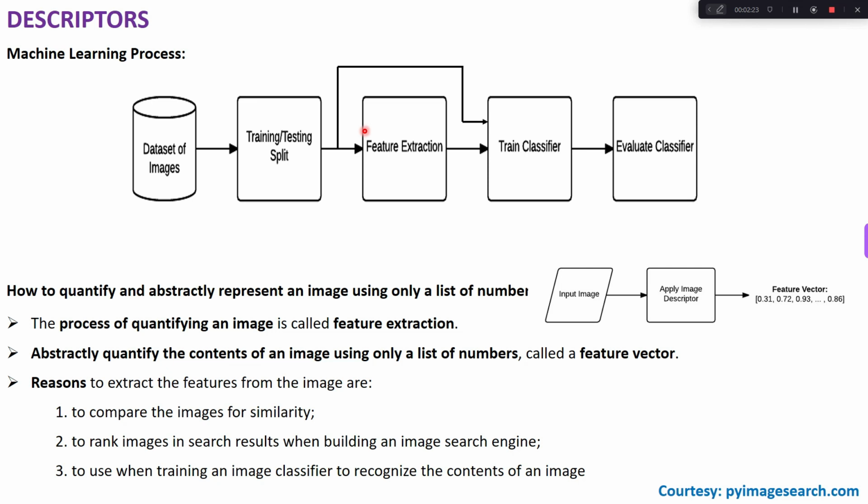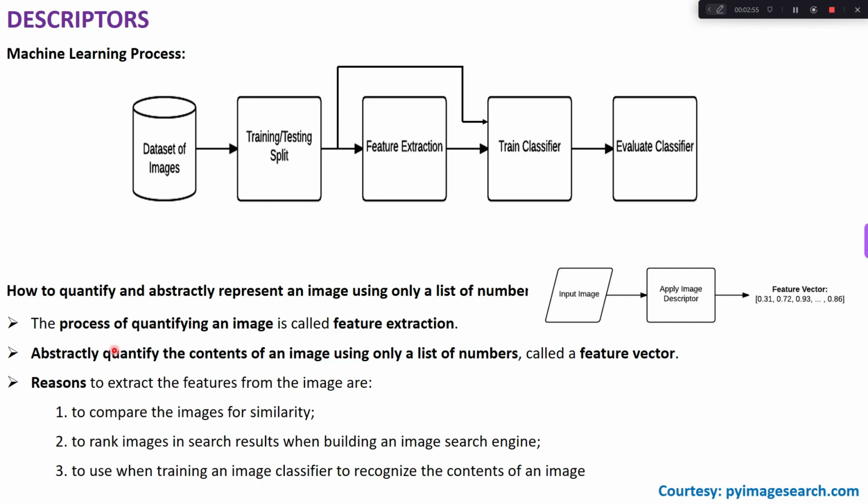We are going to use the extracted information from the image, written in terms of numbers, and these numbers will be used for training our machine. After training our machine, we evaluate it using the test data. In this tutorial and in the subsequent tutorials, we are going to talk mainly about this feature extraction process, for which the descriptors will be utilized.